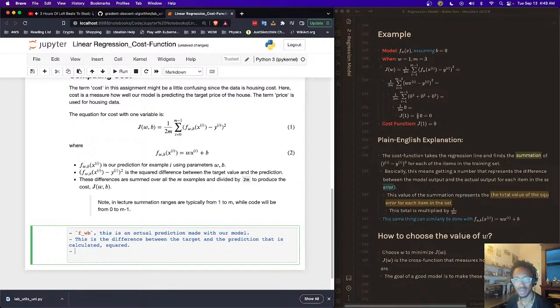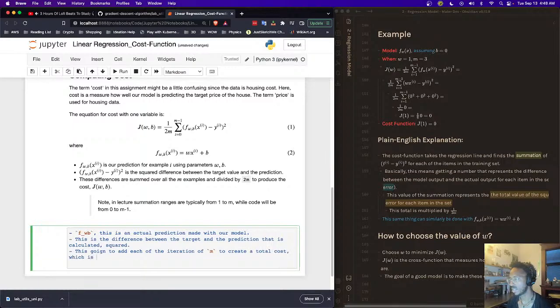Okay, so then this is going to add each of the iterations of m to create a total cost, which is going to be divided by one over 2m.